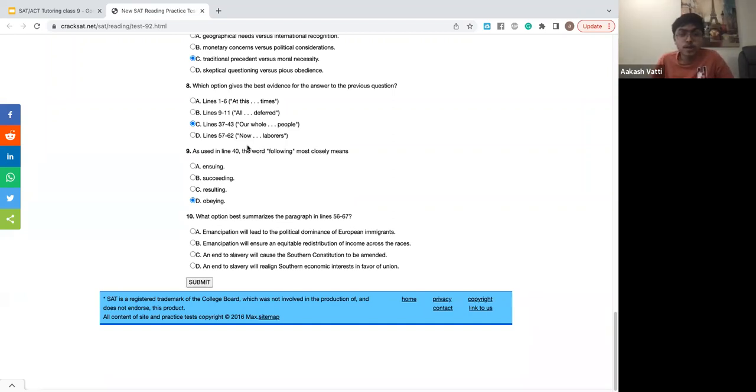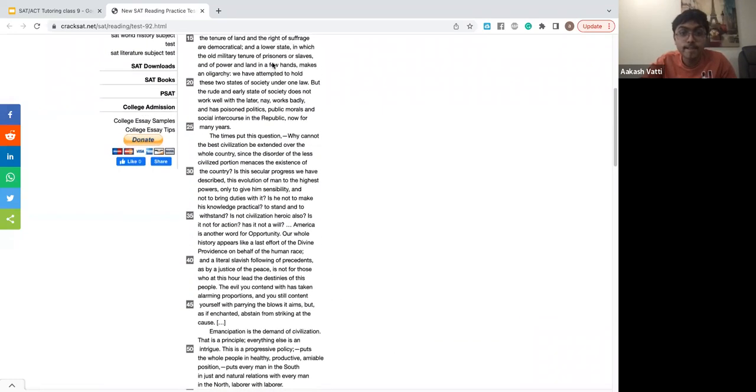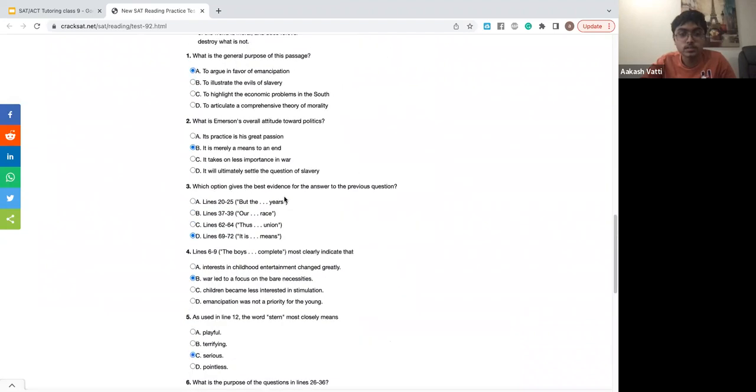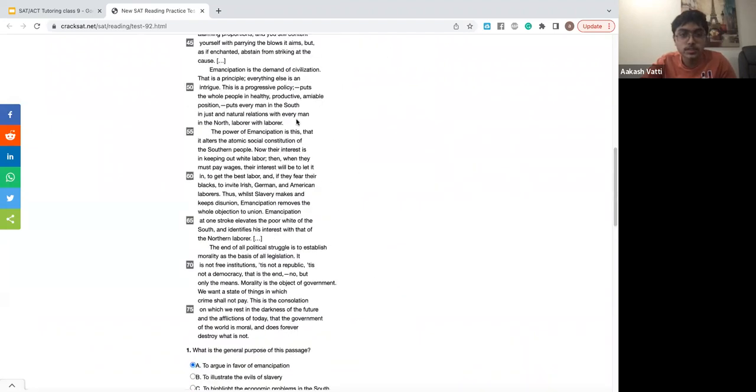Question 10, which option best summarizes the paragraph in lines 56 to 67? So 56 to 67, it's right here, I guess. So why slavery bad? Slavery bad. Why is emancipation good to the South? Emancipation good to South.